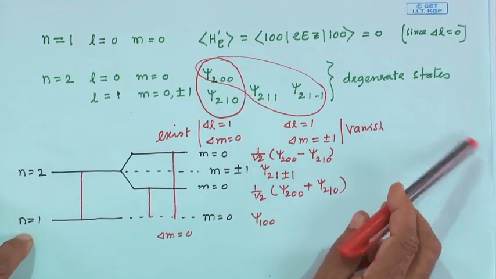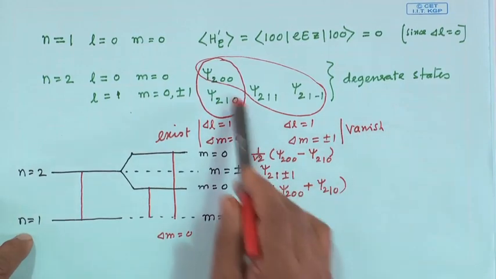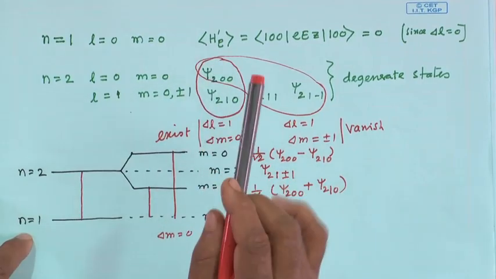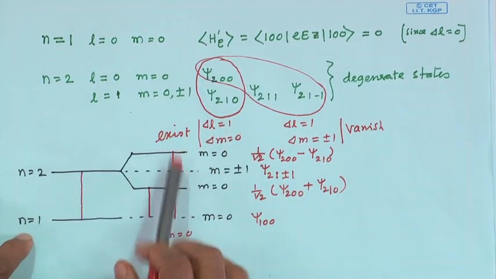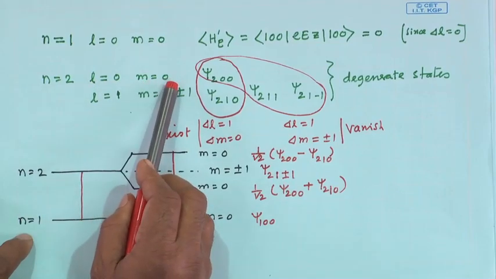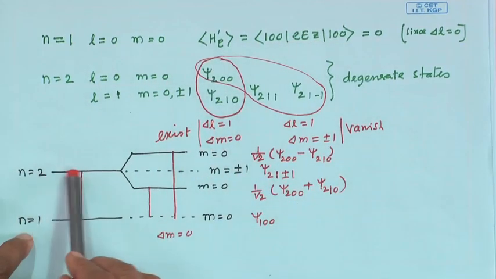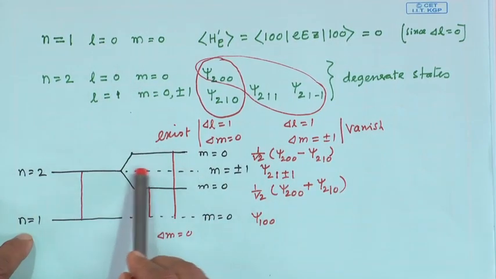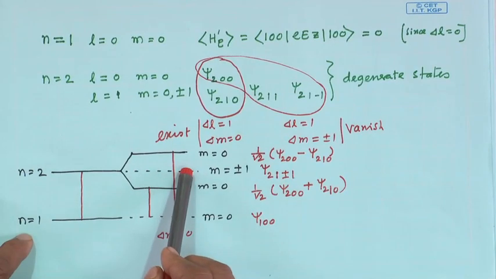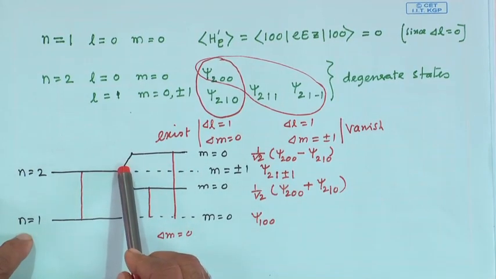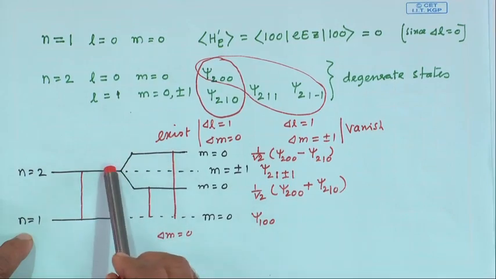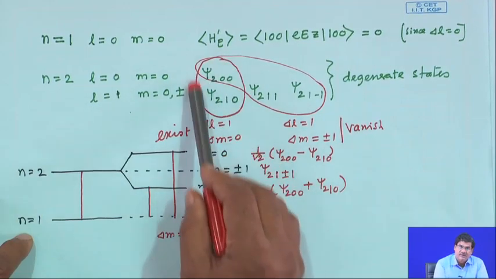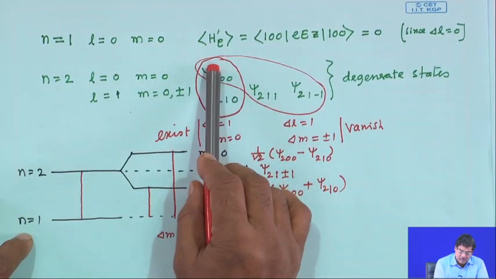So only this combination is allowed. For the original state with L equal to 0, m equal to 0, this term vanishes, so there will be no change of the energy level. But for the other two states, the degeneracy will be removed.